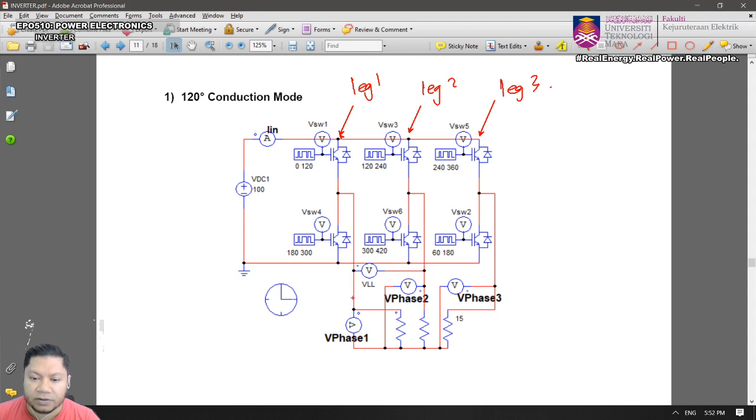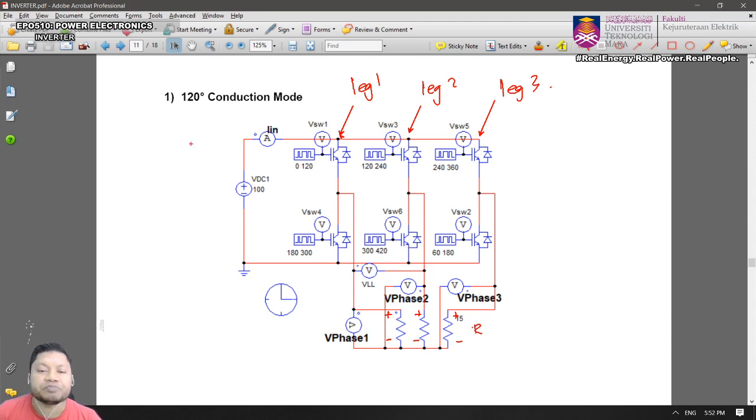Remember this will be a balanced load, so every phase will have a similar R size, similar ohms, and therefore that will be connected to phase 1, and then this will be connected to phase 2, and the third one will be connected to phase 3. So the load will have phase 1, phase 2, and phase 3. The polarity of the load will be in that arrangement, plus minus, plus minus, plus minus.